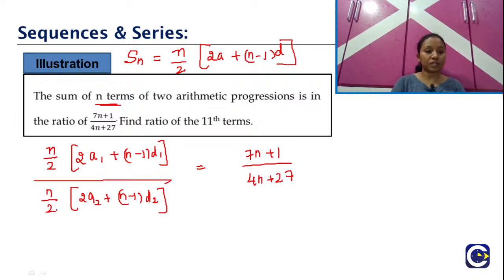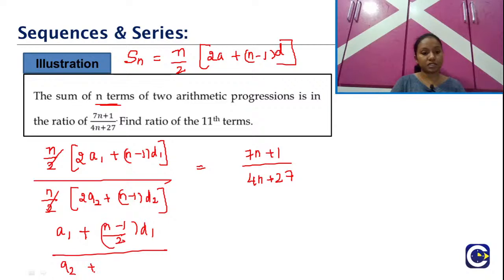Alright, so now what can we take common and cancel? The n by 2 will automatically get cancelled. And to eliminate the 2, I can take 2 common and cancel it. So now it will be a1 plus (n minus 1) by 2 times d1, divided by a2 plus (n minus 1) by 2 times d2.